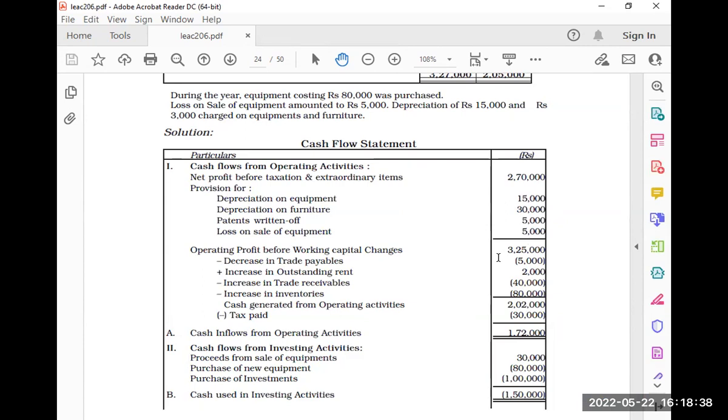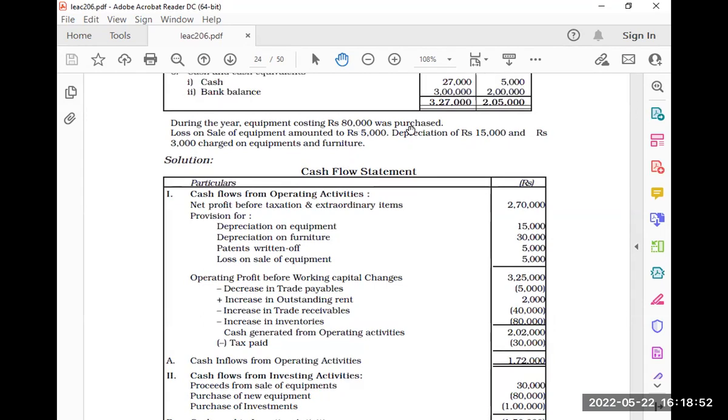Okay, so 2,70,000 is the starting point. With that you have to add or subtract the non-operating, non-cash items, maybe expense or income. Look at this question. There was a depreciation given in the adjustment, 15,000 plus 3,000. 15,000 is the depreciation on equipment and 3,000 is the depreciation on furniture.